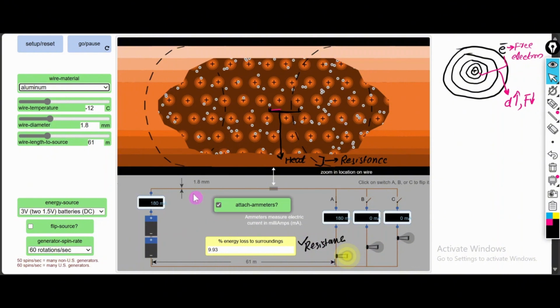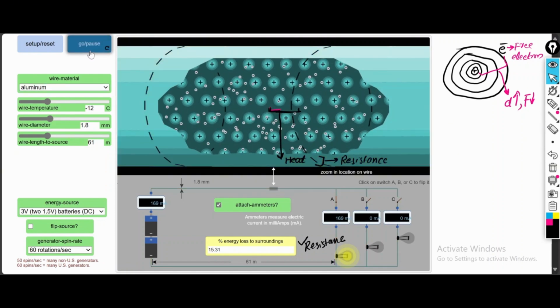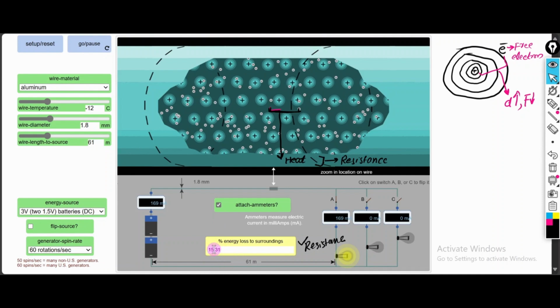If I turn on this simulation from here and click on this button, the resistance increases from 9.3 something, I think that was the value, to 15.3%, only by changing the nature of the element which forms this wire.